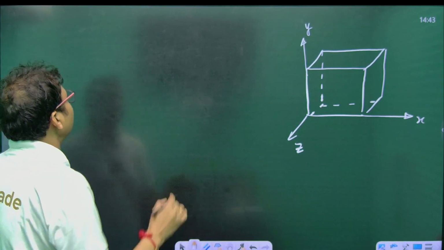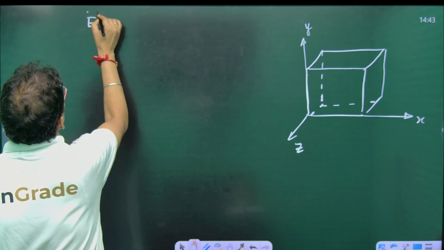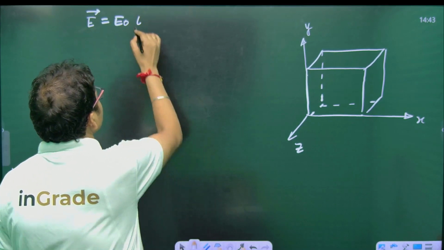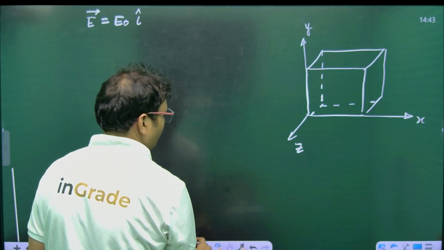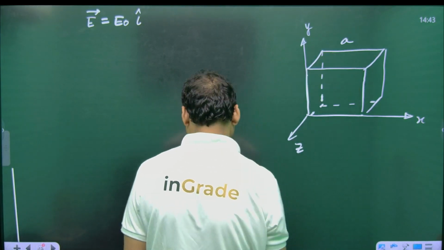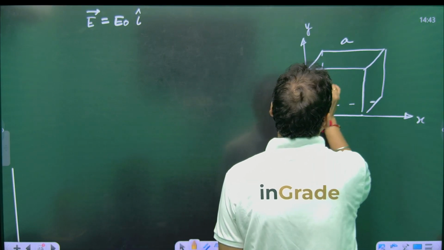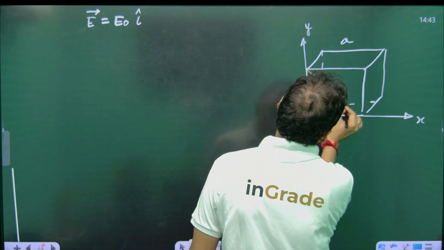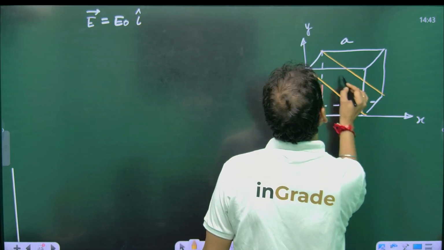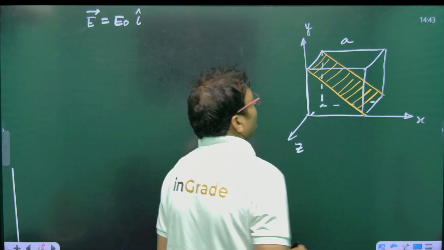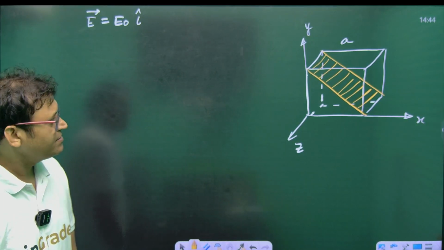The cube is placed like this, and E is given by E naught i cap, a constant electric field, and the side of the cube is A. Now we need to find out the flux through this surface.